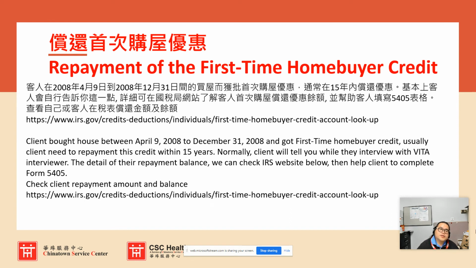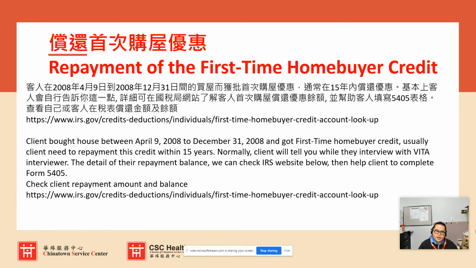Okay, another thing we need to talk about is the repayment of the first time home buyer credit. Some persons will tell you they are a first time home buyer and have this credit from the year 2008.